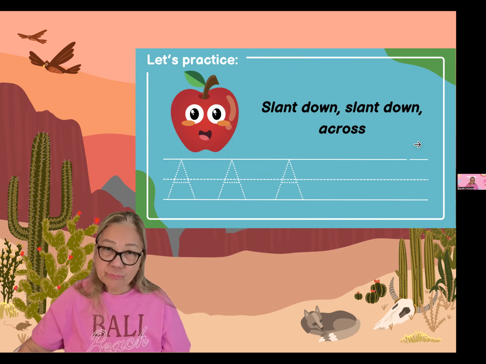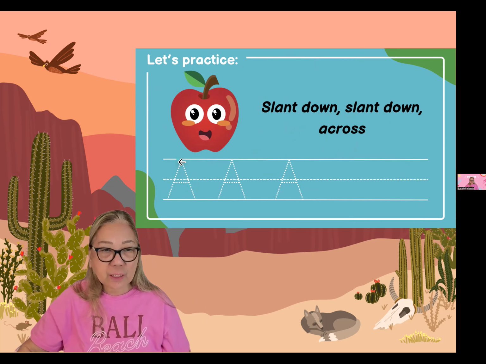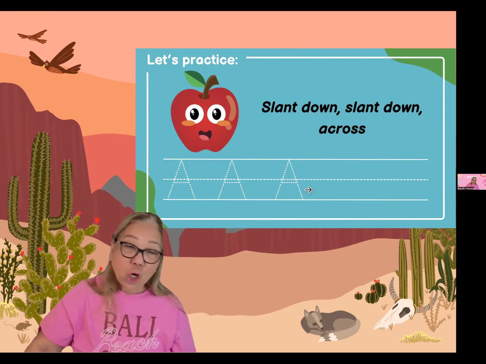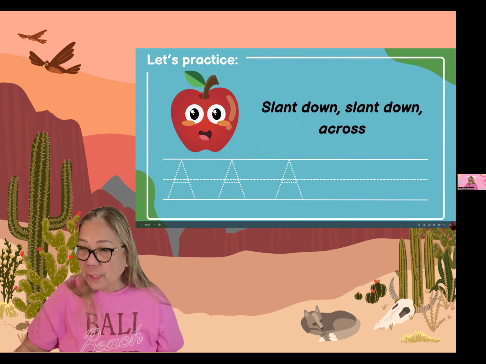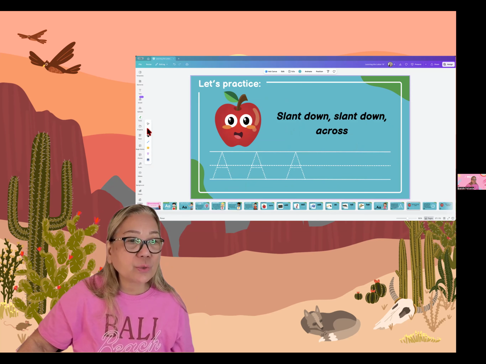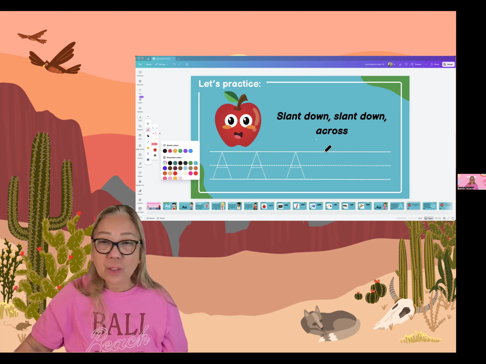Now, here is something that guides you. You have to slant down, and a line across. Slant down to the right, and a line across. Same is true with this one. Slant down. I can also use my tools here so you are able to see what I'm doing.